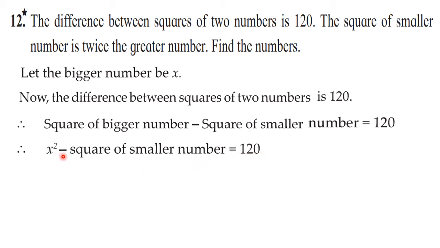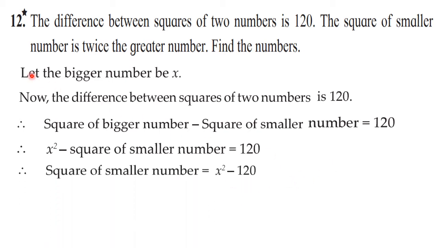Now from this we can get the term square of smaller number, which we want in the given condition. So this 120 we can shift here and the square of smaller number we can shift on the right hand side. So square of smaller number we will get as x square minus 120.